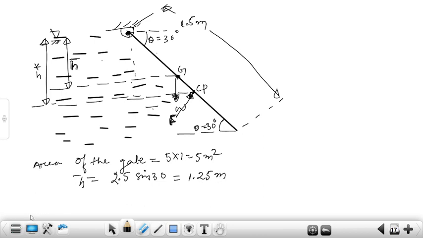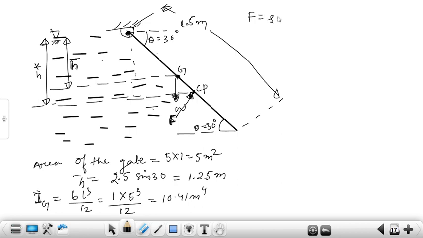Next, we have to find the second moment of area Ig, which is equal to B L cubed by 12. So B is equal to 1 and L is 5, cubed divided by 12, which is equal to 10.41 meter power 4.